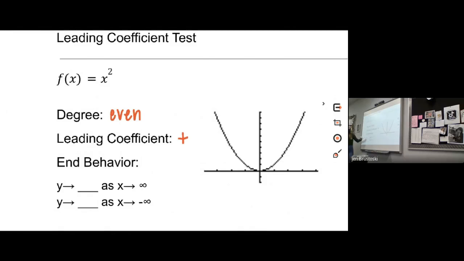Oh, I'm sorry, that's not right. We're trying to pay attention to x here. So as x is going to infinity, as we're going this way to the right, y is also going to infinity.